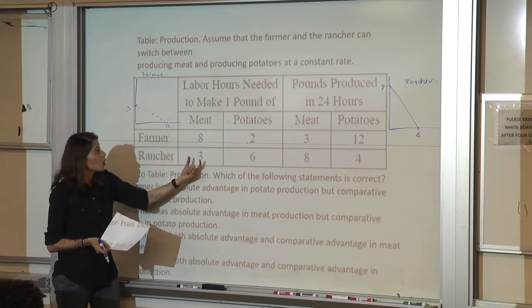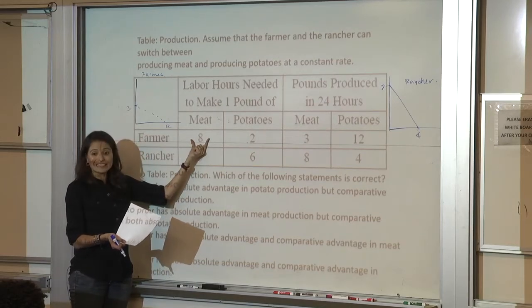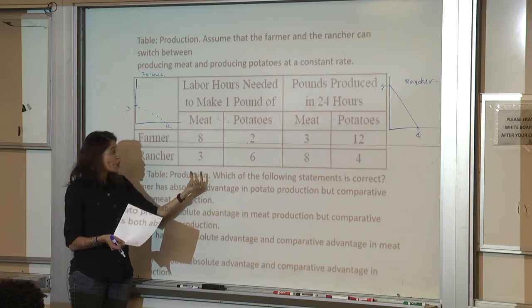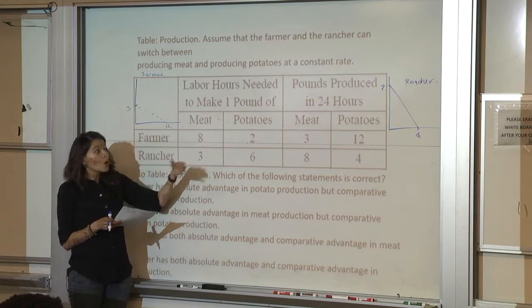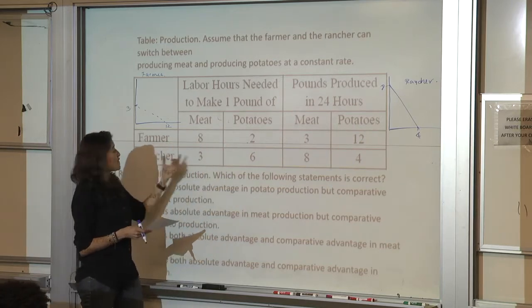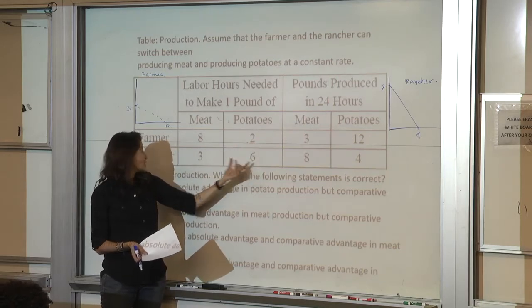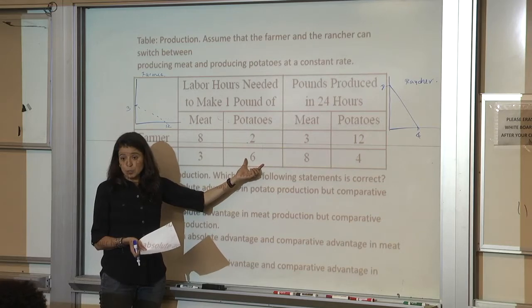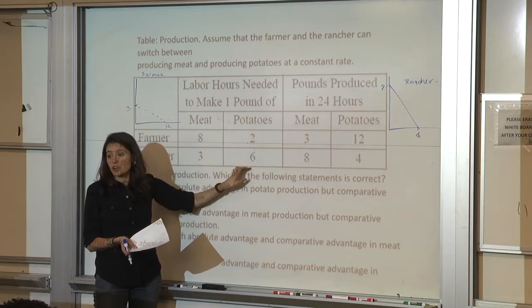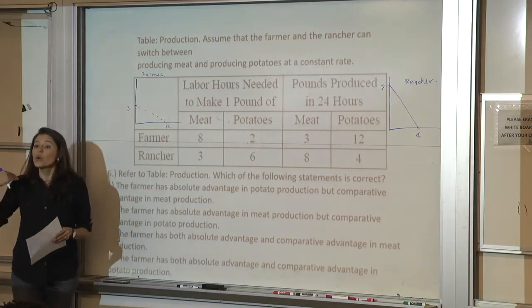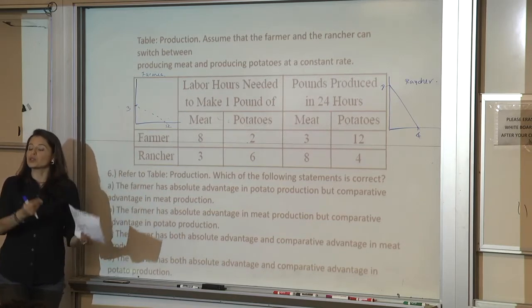The rancher needs only 3 hours to produce 1 pound of meat versus the farmer that needs 8 hours, so the rancher needs less input to produce meat. Whereas in the case of potatoes, the farmer needs 2 hours versus the rancher that needs 6 hours. So the farmer has an absolute advantage in the production of potatoes. So again, when the question is about absolute advantage, you look at the inputs needed to produce the good, okay?